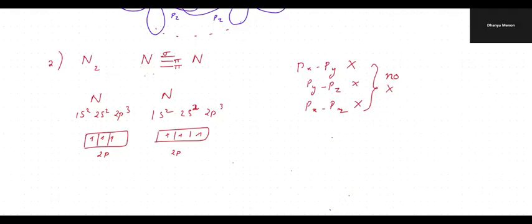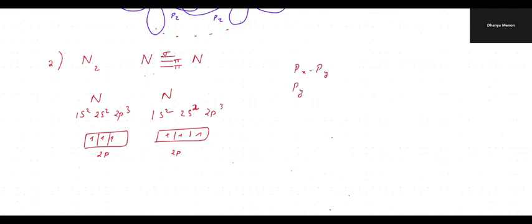As I said, the overlapping will take place either between px and px, py and py, or pz and pz. Then only are the orientations correct for the overlapping to take place, whether head-on or sidewise.